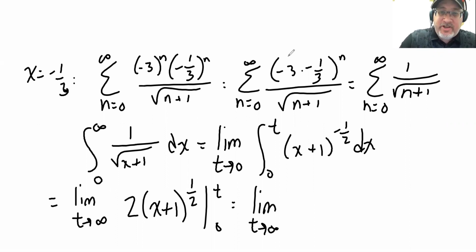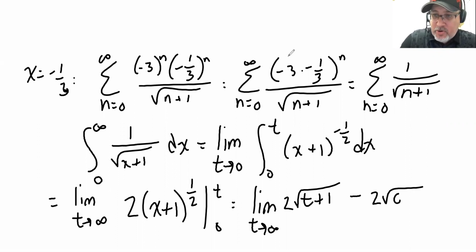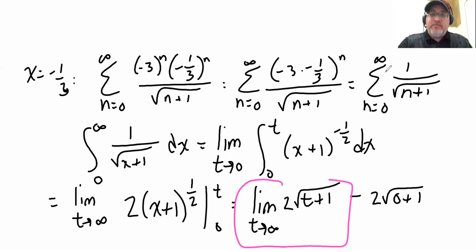Substitute the upper limit to get 2 times t plus 1 to the 1/2, but let's go ahead and write it as the square root of t plus 1. Minus, substitute the lower limit to get 2 times the square root of 0 plus 1. That's equal to 2, the second half of the subtraction problem, but it doesn't matter. This limit approaches infinity. So since the integral diverges, by the integral test, the series diverges. Therefore, the series diverges.